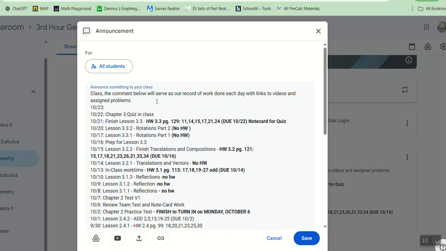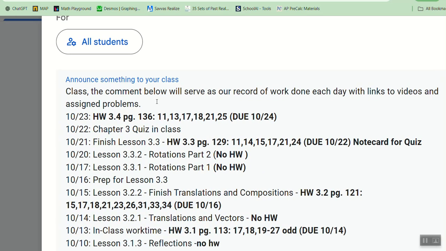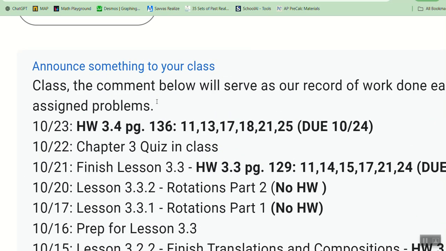10:23. Your homework today, this evening, is going to be homework 3.4. And you're going to find this on page 136. I want you to do problems 11, 13, 17, 18, 21, and 25. Again, homework 3.4 up on the board for you.